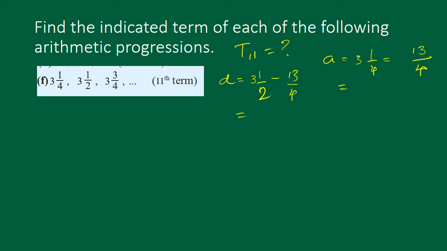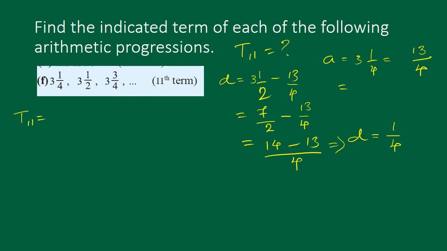That means 2 sixes are 12 plus 1, 7 over 2, minus 13 over 4. That means 14 minus 13 over 4. I have taken the common denominator. I think you know how to do that. And the common denominator is 4, right? That means d is 1 over 4.